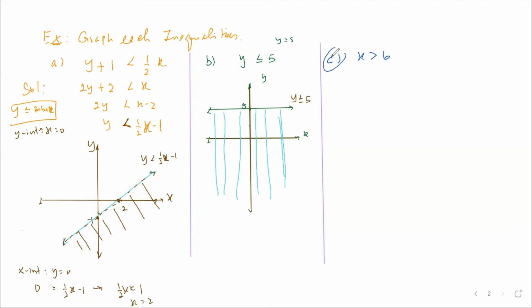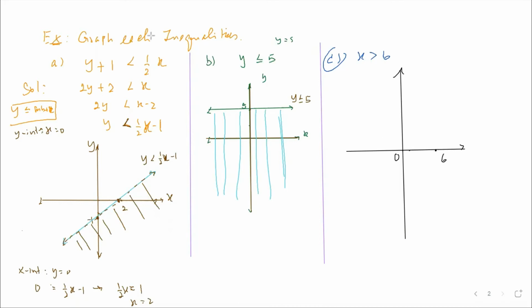Now question C, plot the graph. How to plot this one? This one is easy to write. So if x is greater than 6, x is 6, so 0 here, and then 1, 2, 3, 4, 5, 6 here.